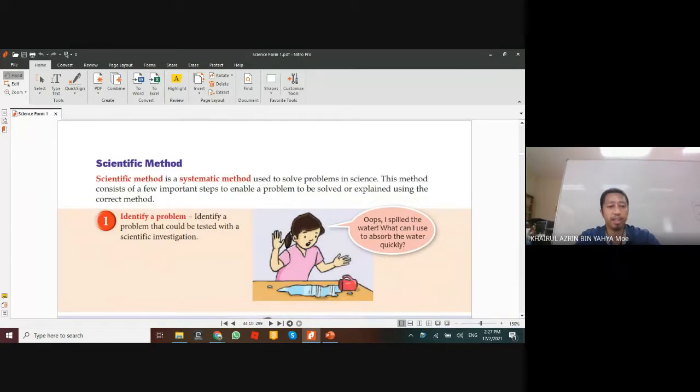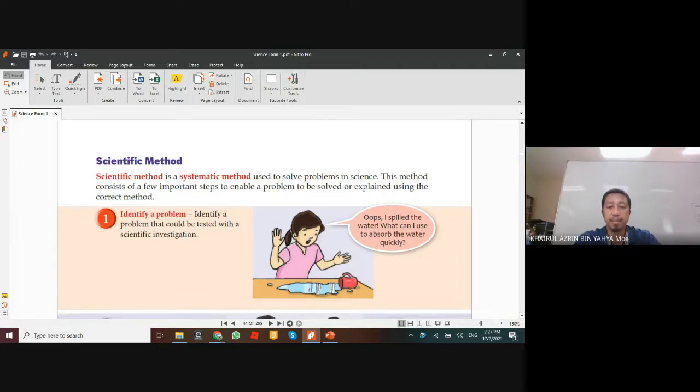Scientific method. What is scientific method? Scientific method is a systematic method used to solve problems in science. This method consists of a few important steps to enable a problem to be solved or explained using the correct method. So number 1, identify a problem. Mengenal pasti masalah. Identify a problem that could be tested with a scientific investigation.